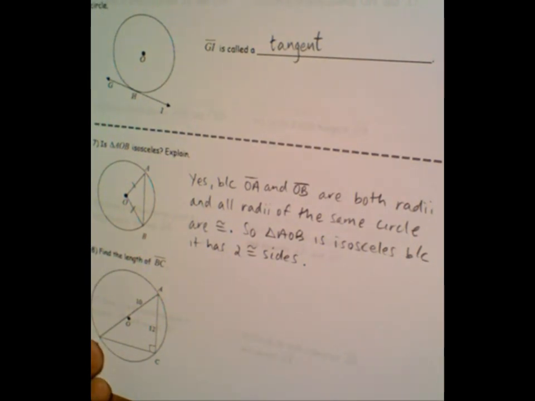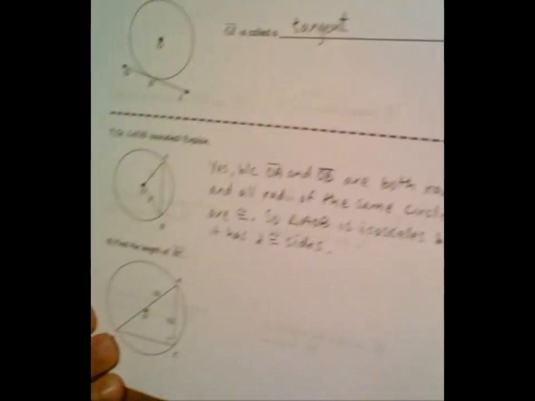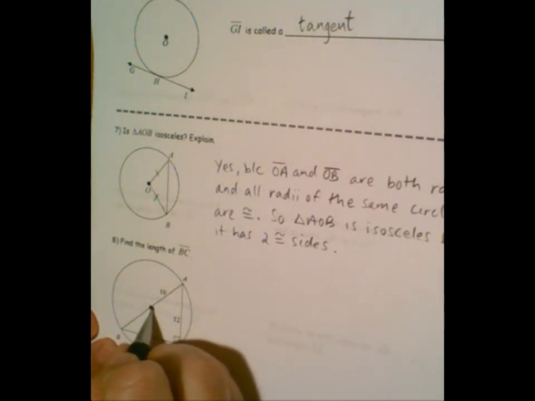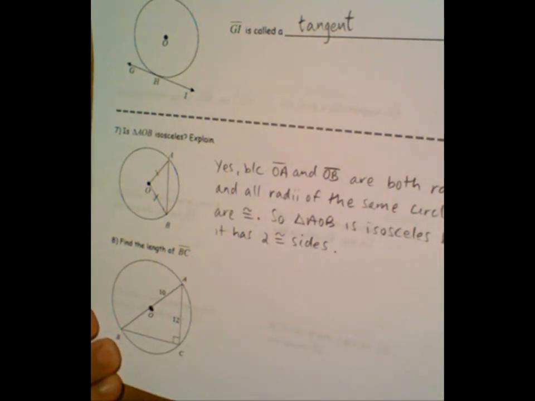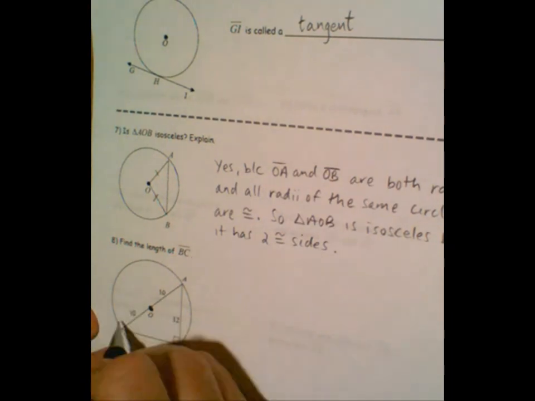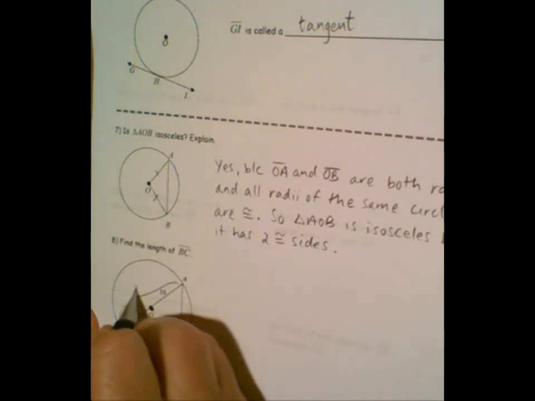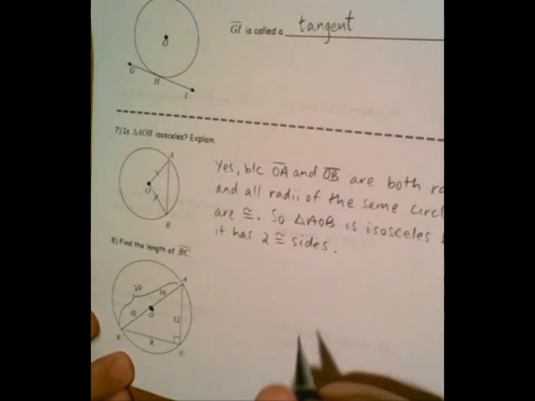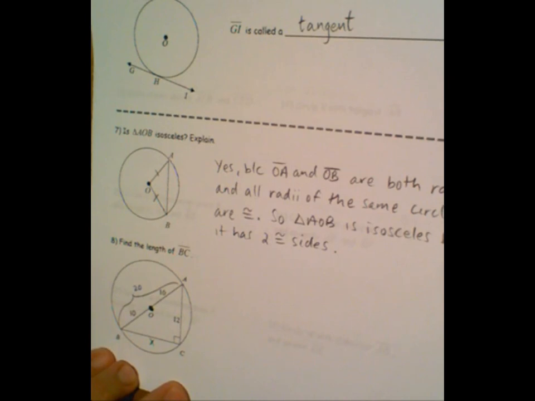Find the length of BC. Well, because all radii of the same circle are congruent, if that's 10, then that's 10, making the whole segment 20. The hypotenuse is 20, and we're trying to find this. So how do you find the missing side of a right triangle? You use the Pythagorean theorem.